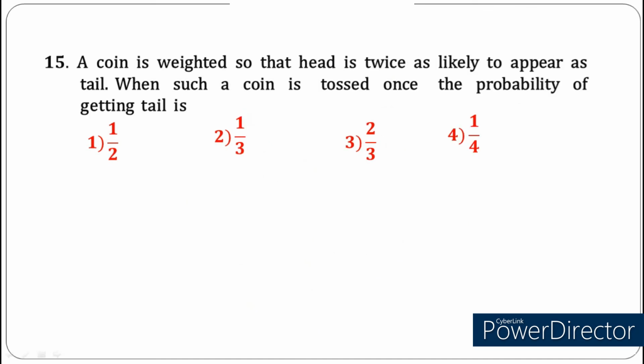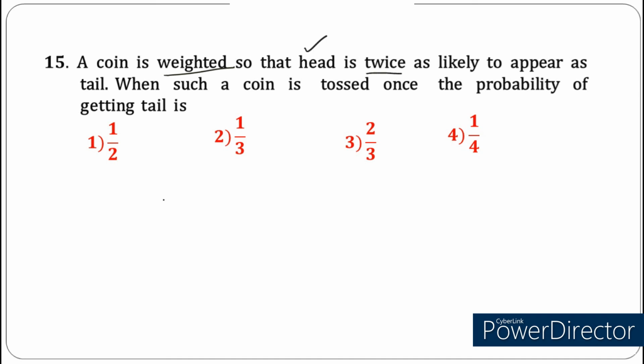Now let's look into the 15th question. A coin is weighted so that head is twice as likely to appear compared to tail. So when such a coin is tossed once, the probability of getting tail is? See, a coin is modified. It's a biased coin. It's being weighted such that if you toss the coin, there is 2 times more probability of getting head compared to tail.